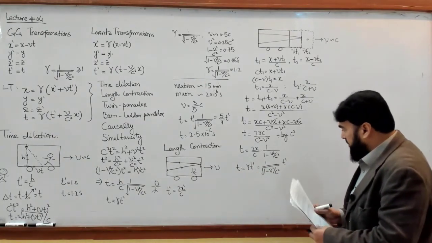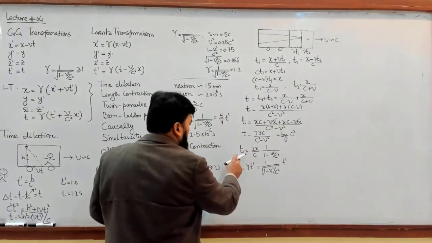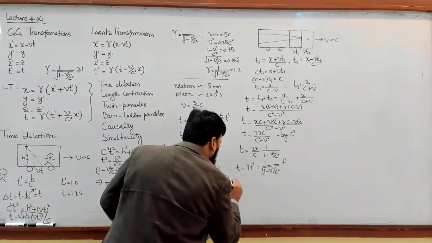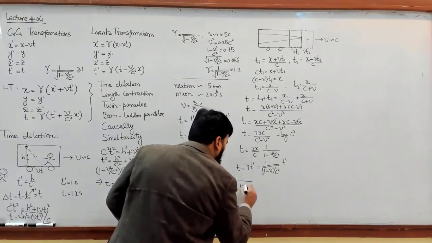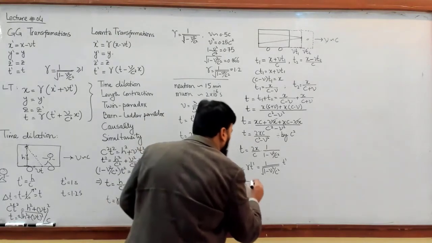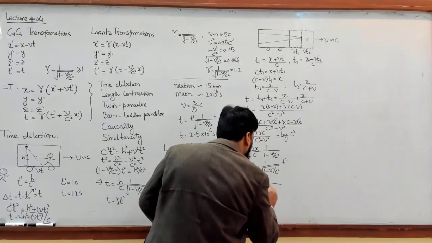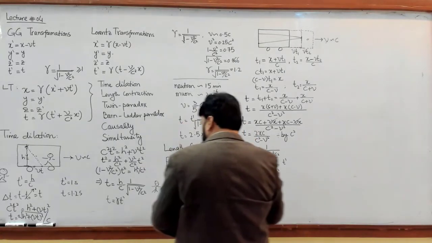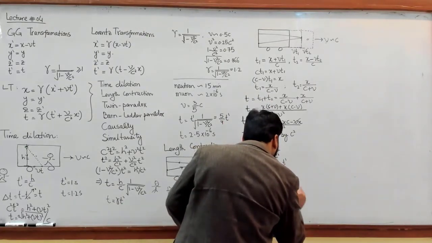By putting these values, t is 2x over c times 1 over the square root of 1 minus v squared over c squared, which is equal to gamma, that is 1 over the square root of 1 minus v squared over c squared, times t prime, which is 2x prime over c.